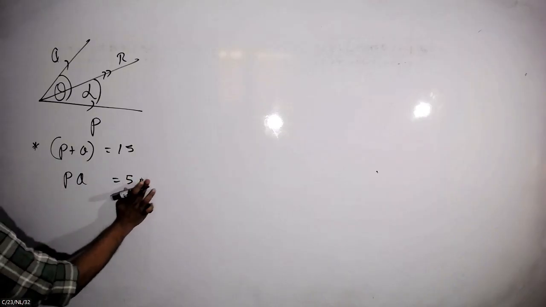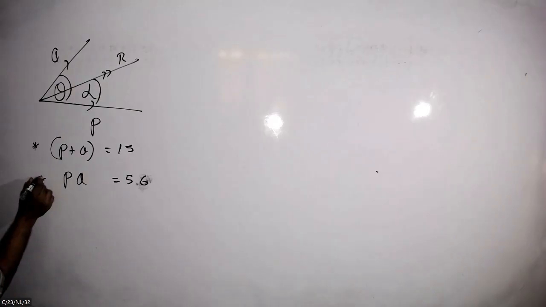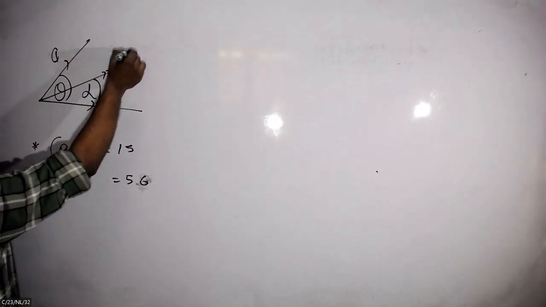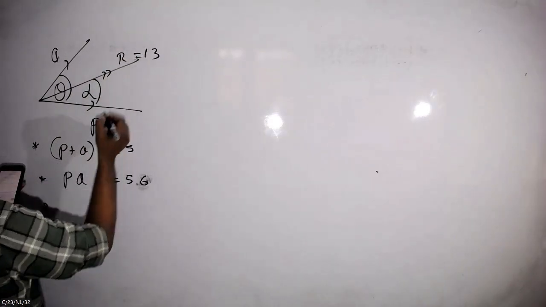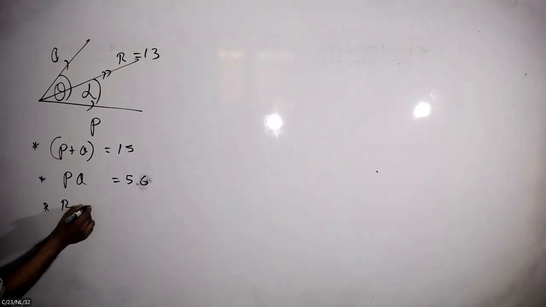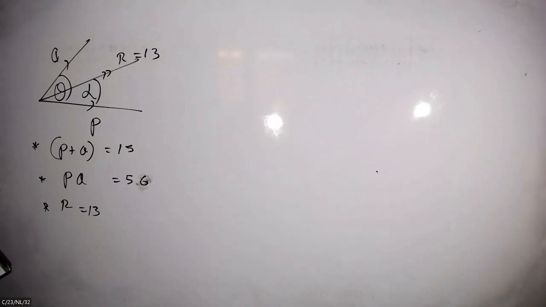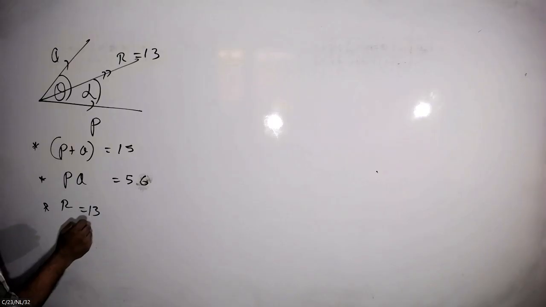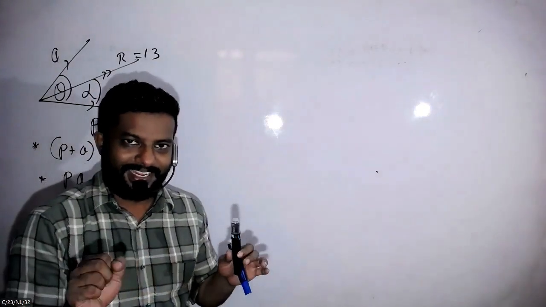And they have given the resultant. This resultant is 13. R is 13. You need to find the angle between the two vectors by using this given data.